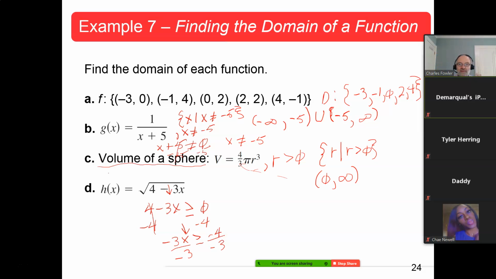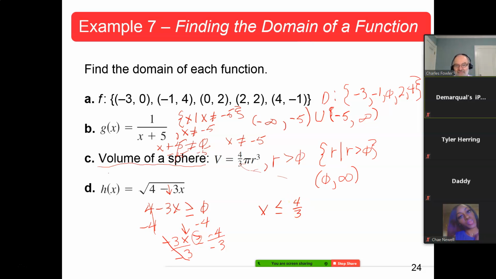This is what I call a directional inequality. If you multiply or divide by a positive number, it doesn't change the direction either. However, if you multiply or divide by a negative number, you flip the inequality. So these go out, and you get x is less than or equal to 4/3.